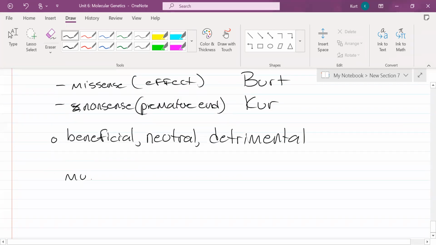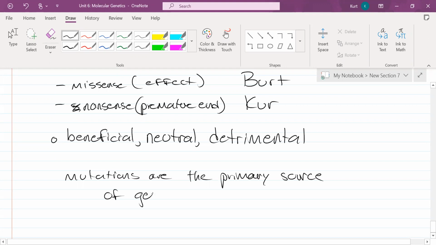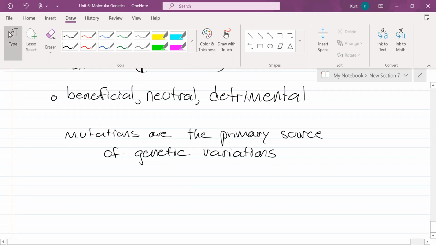Remember that mutations are the primary source of genetic variation. Now, we obviously have crossing over and things like that, but this is how we get a lot of differences.